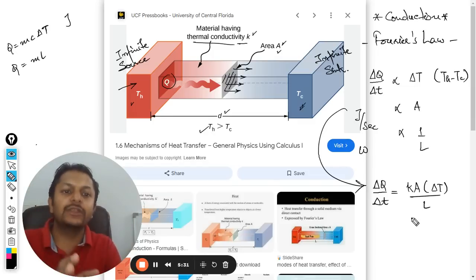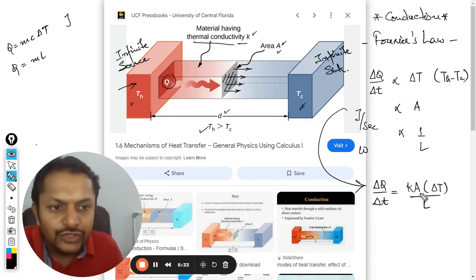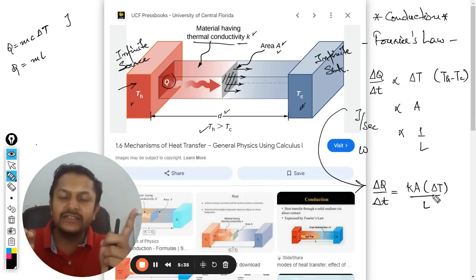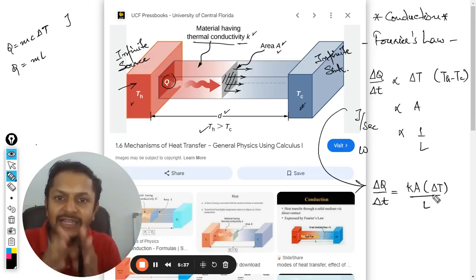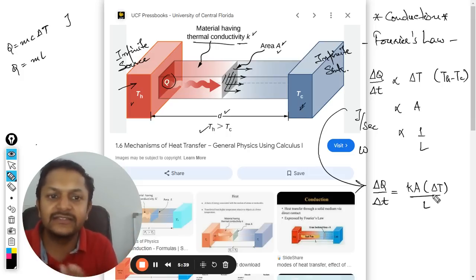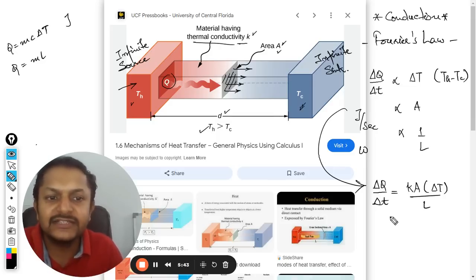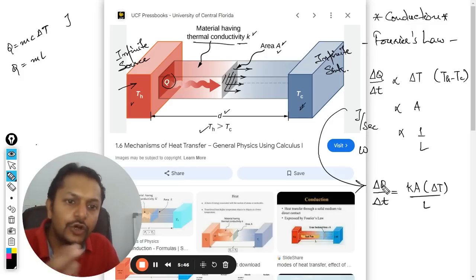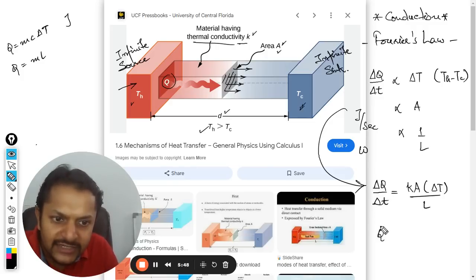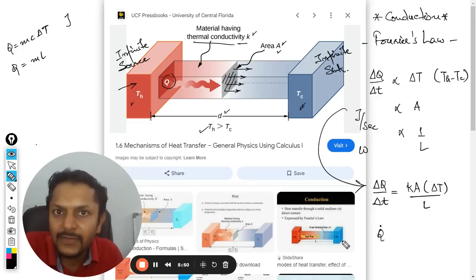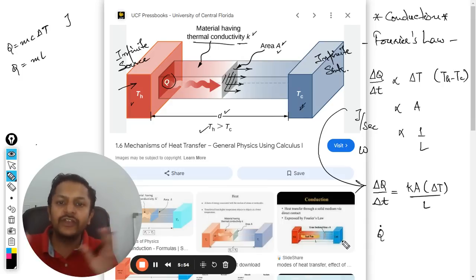Here delta T is the change in temperature, L is the length, A is the area, and K is the thermal conductivity. This rate is also written as Q dot.